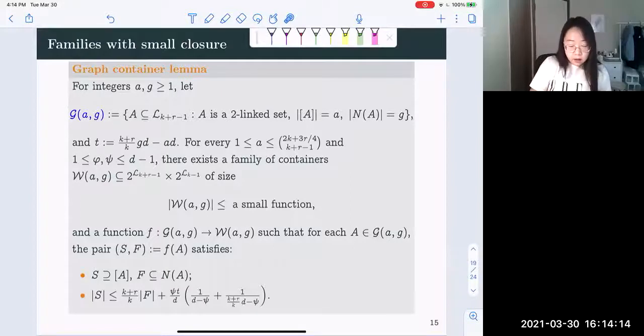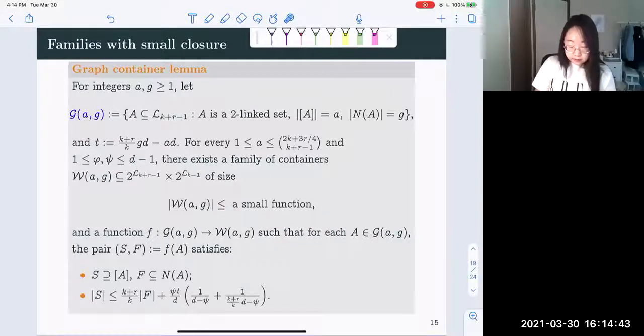This lemma says that for this set family, we can find a collection of small containers. Each container is a pair of two sets. Here I put a small function because the formula is pretty long and technical, but we do have the precise formula. If you're interested, you can find it in our paper, but here I will skip the details.